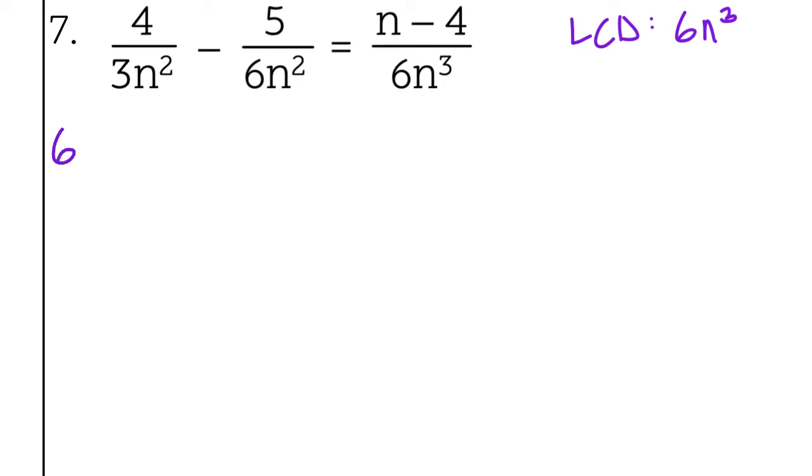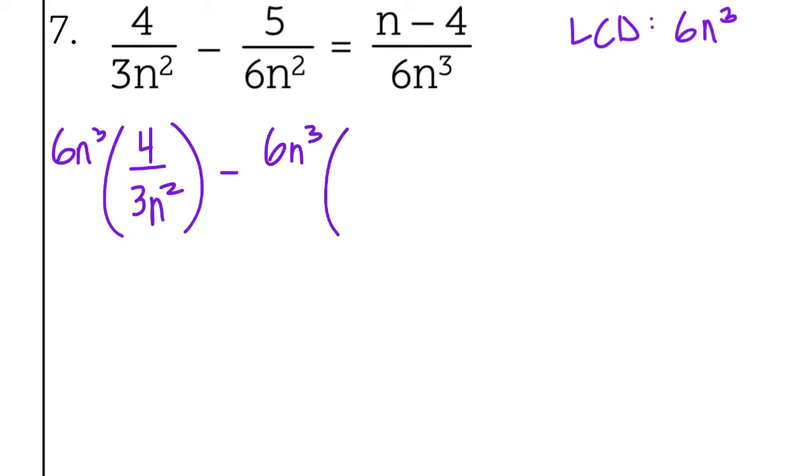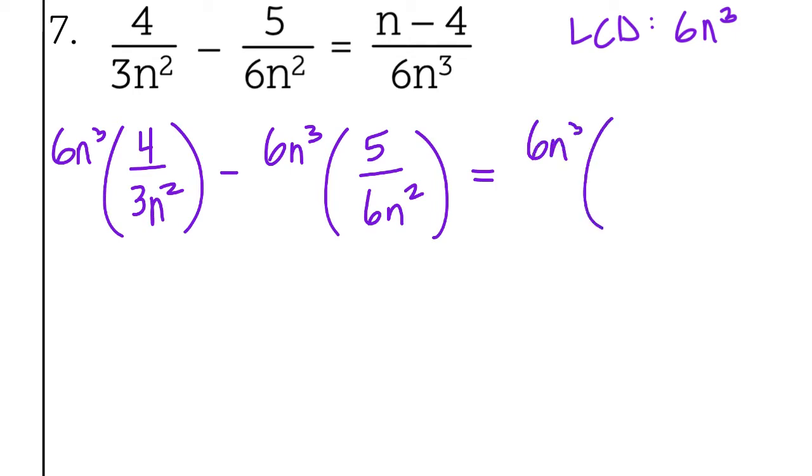So 6n to the third times 4 over 3n squared minus 6n to the third times 5 over 6n squared equals 6n to the third times n minus 4 over 6n cubed.